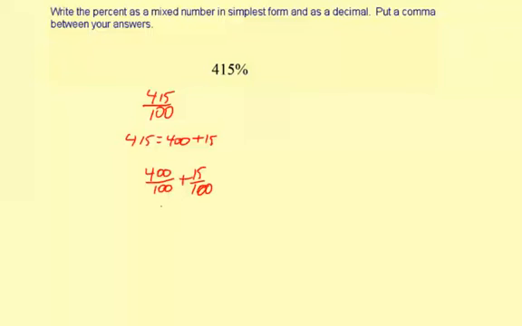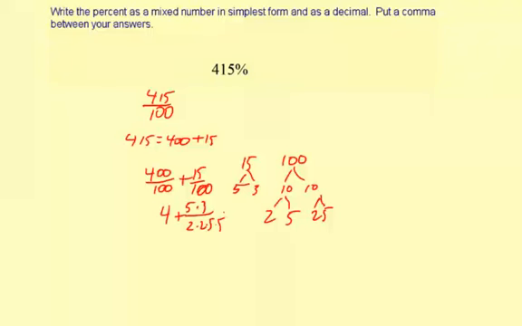Now the 400 to 100 reduces to 4, and this 15 to 100, we'll reduce that by 5, because 15 is 5 times 3, and the 100 is 2 times 2 times 5 times 5.